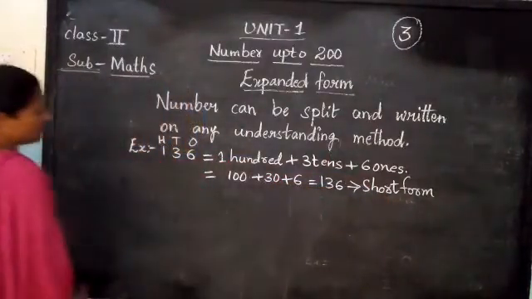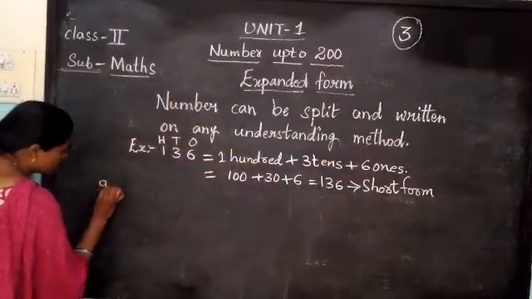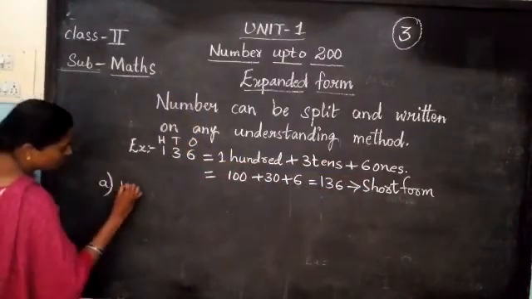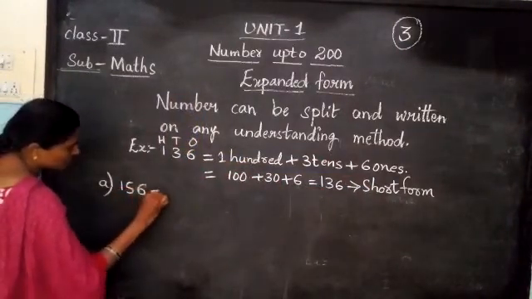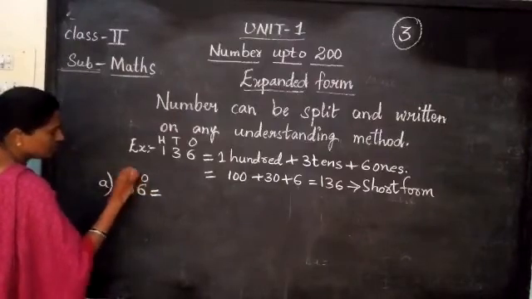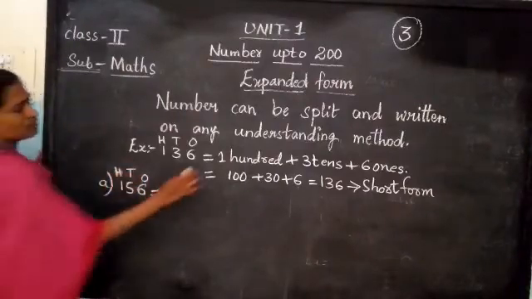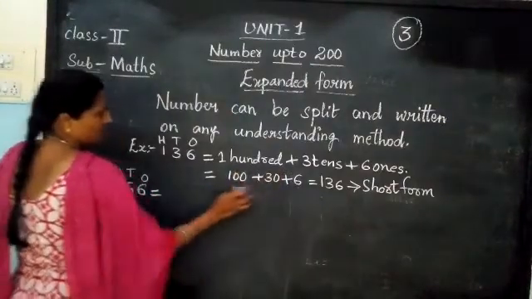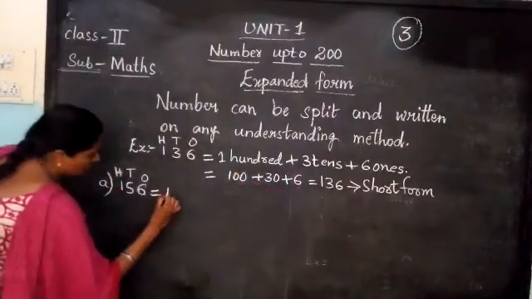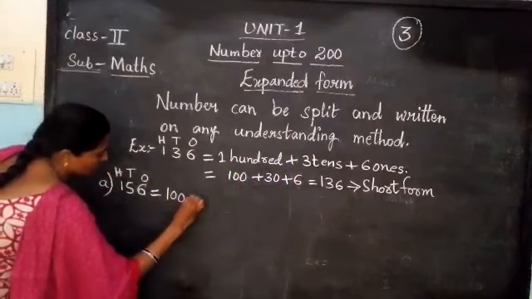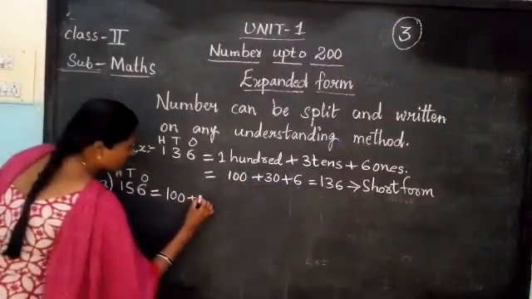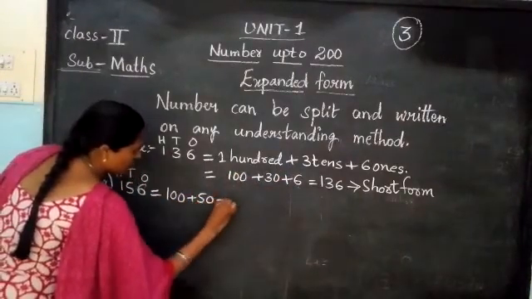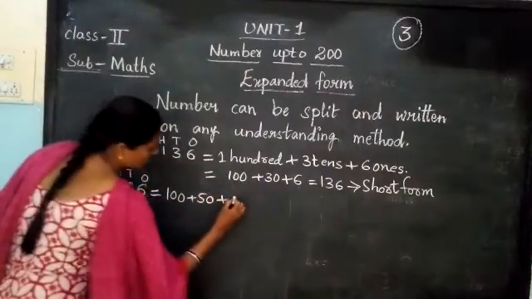Again one more example I will explain. That is 156. Ones, tens, hundreds, no need to write this. No need to expand the number like this. We can write the number like this: 100 plus 5 into 10, 50, plus 6 into 1, 6.